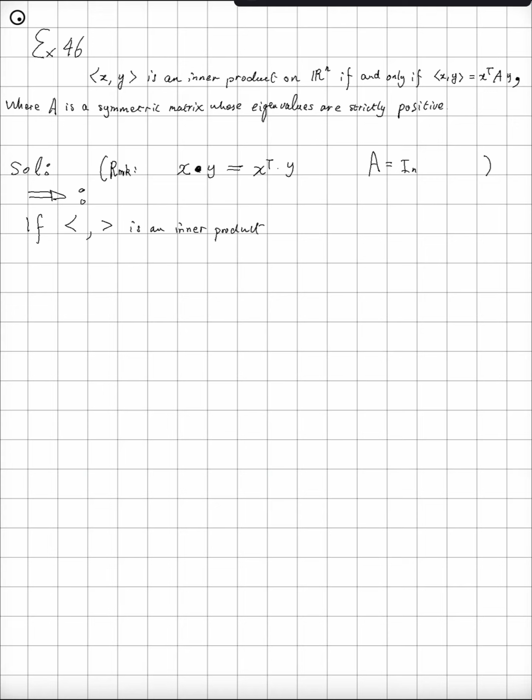So let's denote by e_i the standard basis of Rn, and then x equals x1 through xn, an n by 1 column matrix, and then compute their inner product.